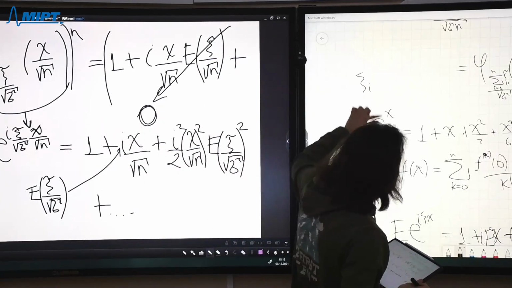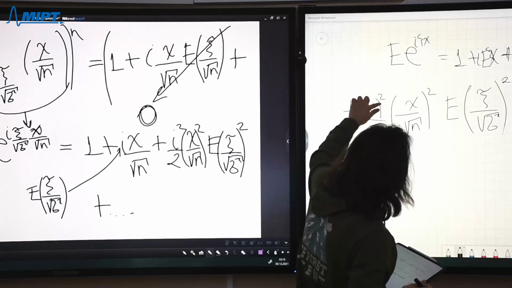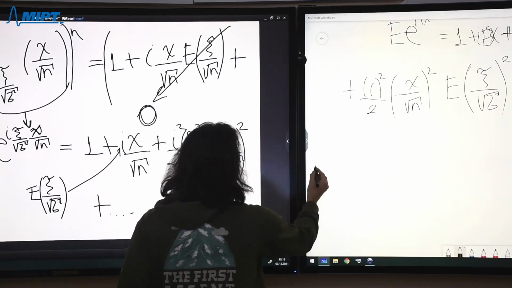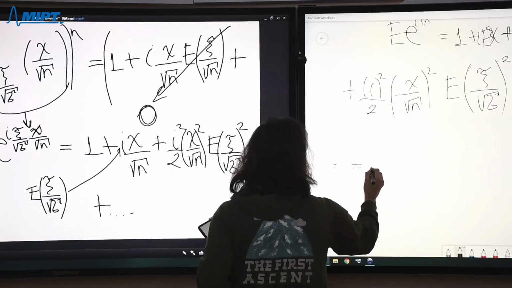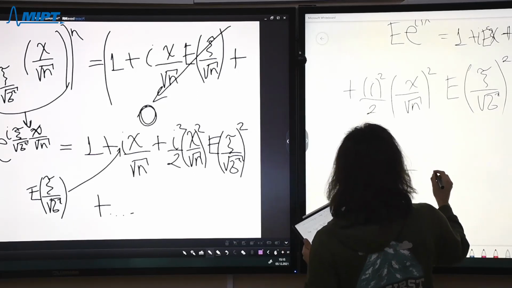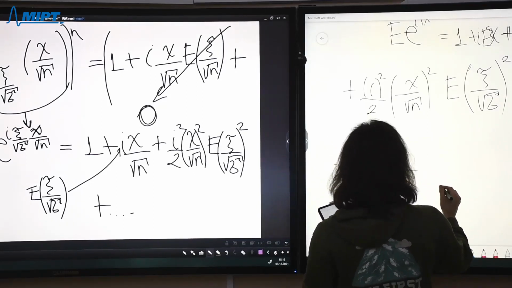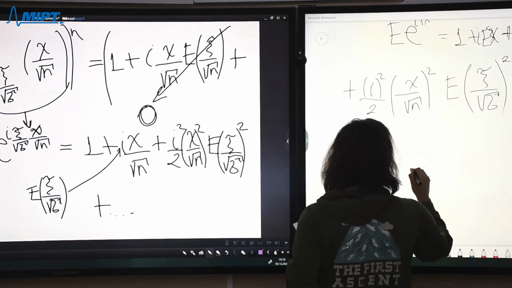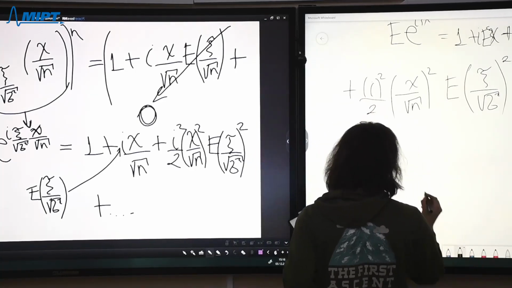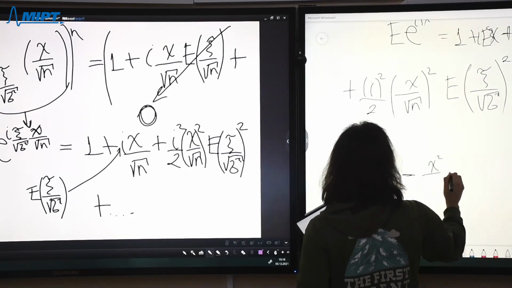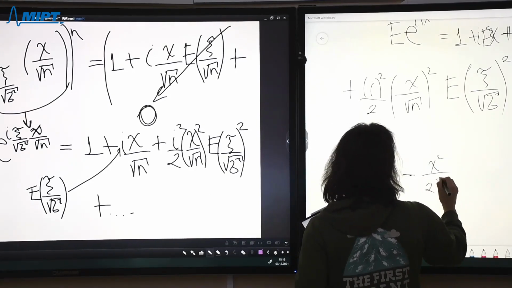And now, what do we have here? So we obtain that all of this is equal to 1 plus, sorry, here we have minus, because we have I squared, minus x squared over 2n, right?